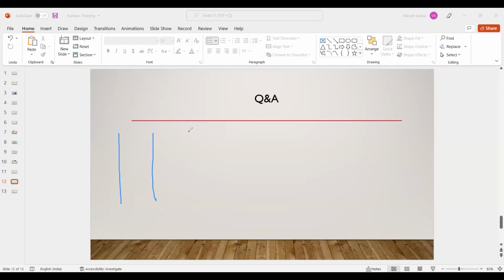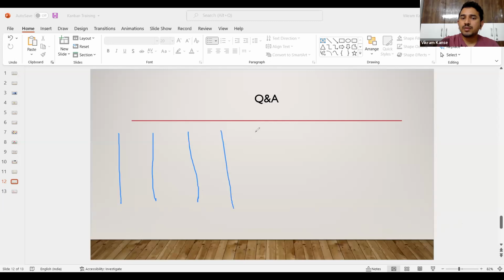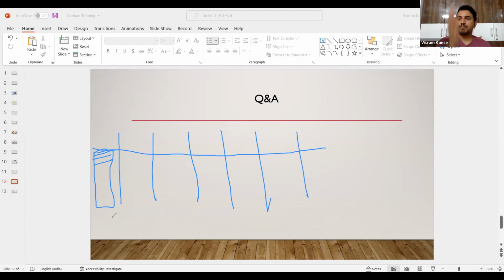Okay, thank you. So WIP limit is to limit the amount of work that you can actually take. Batch size could be the work that you're taking before you start working on it. For example, I am coming with a requirement of developing a calculator application, and I have 100 things I want delivered.